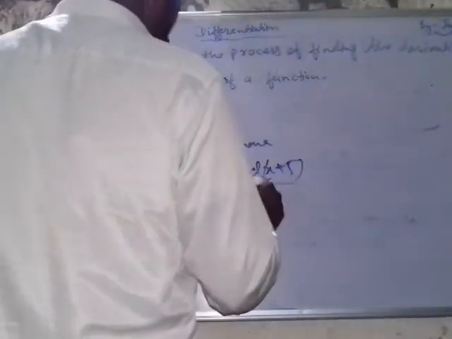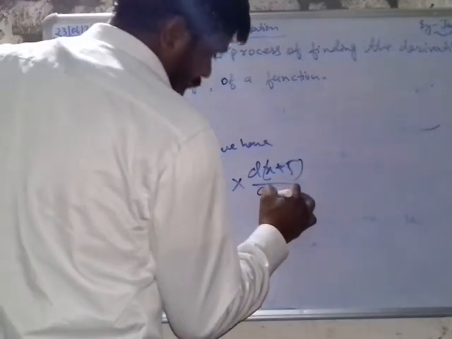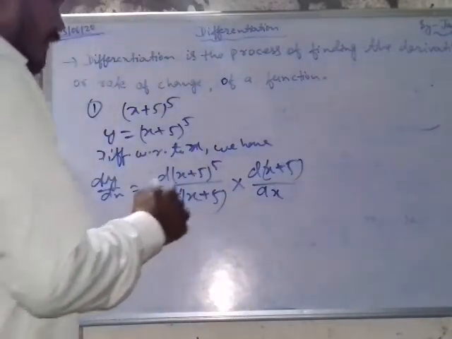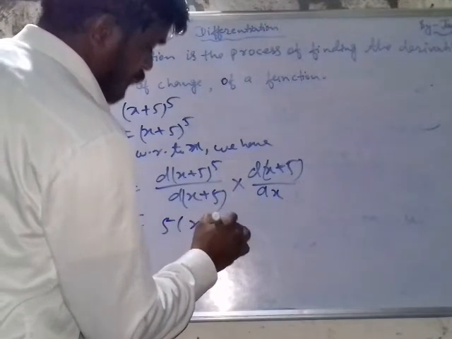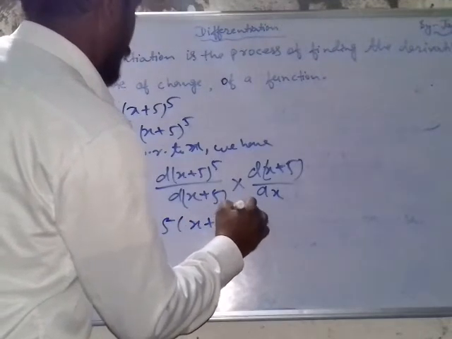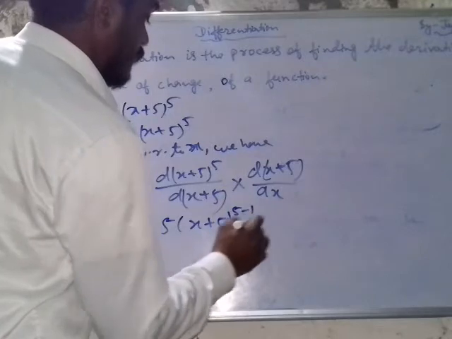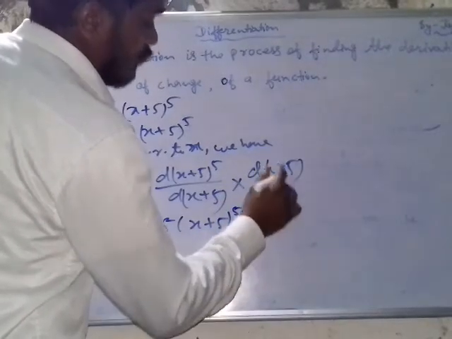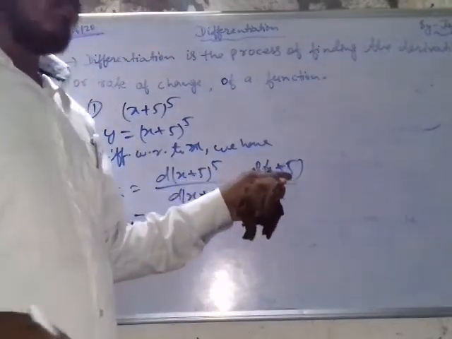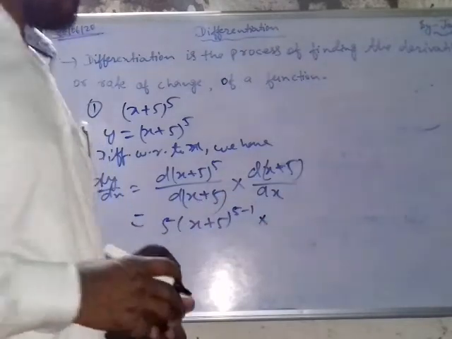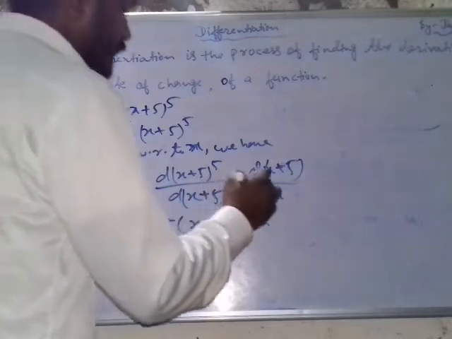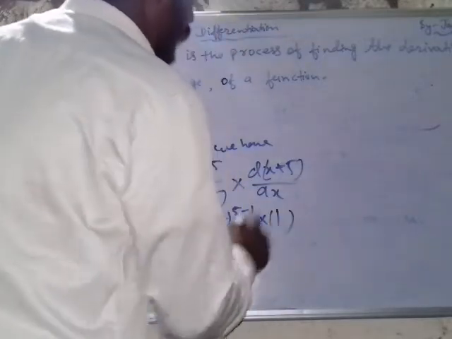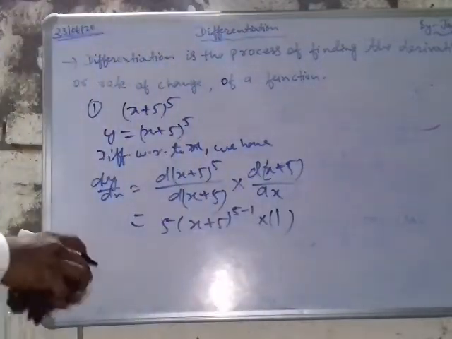Then we write 5 times x plus 5 to the power 5 minus 1, into the derivative of x plus 5. Here 5 is the constant term, so the differentiation of a constant term becomes 0, and dx by dx becomes 1.